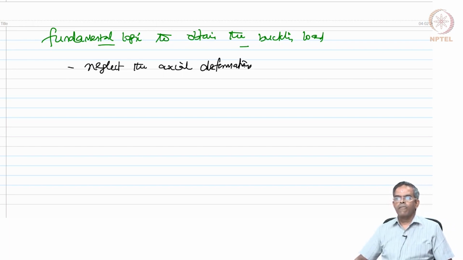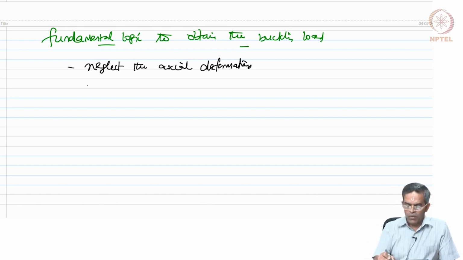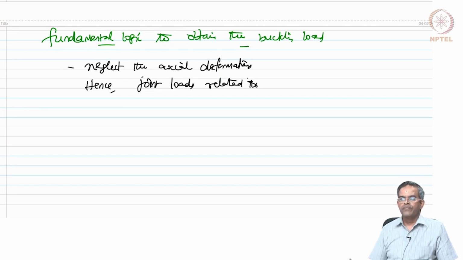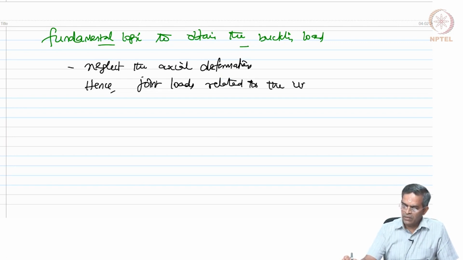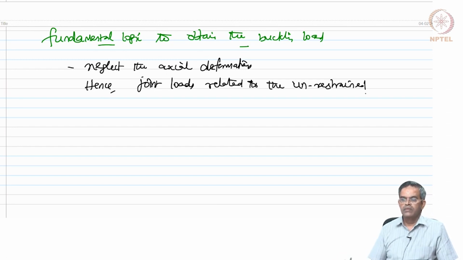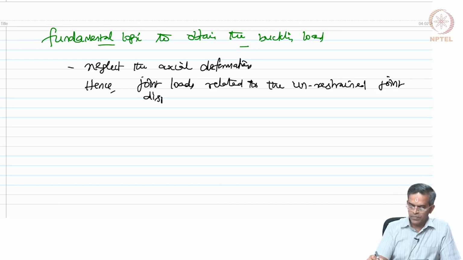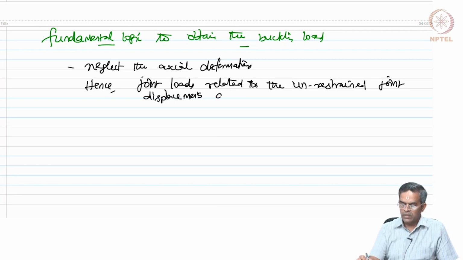Therefore, joint loads related to the unrestrained joint displacements are set to 0.